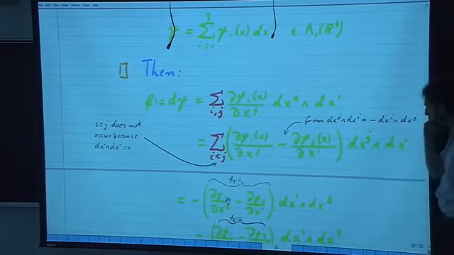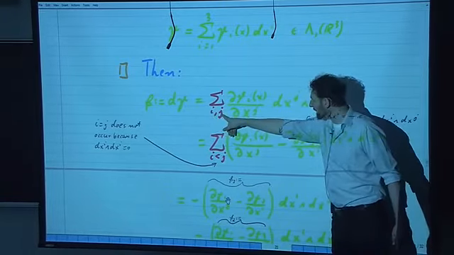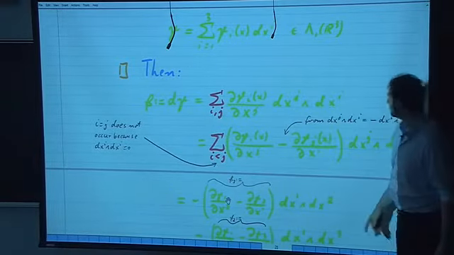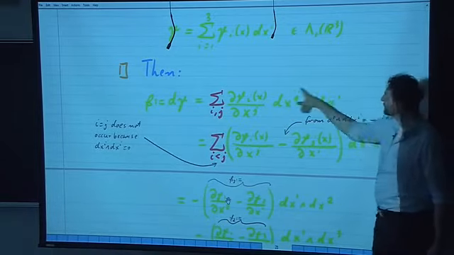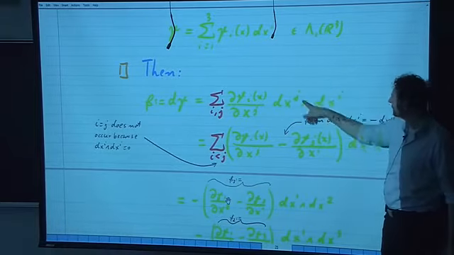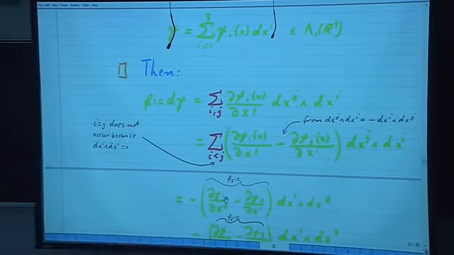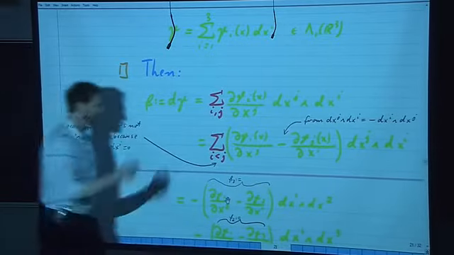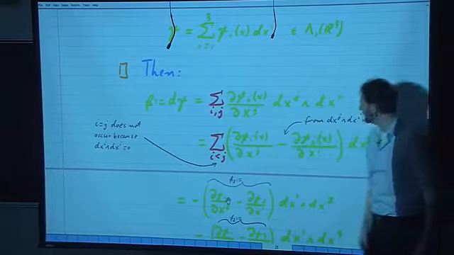Now, here we're summing over all i and j, but we might as well just sum over all i smaller than j, because remember that these span a basis of the space of two forms when we order them, when i is always smaller than j. So let's just sum over all i smaller than j.